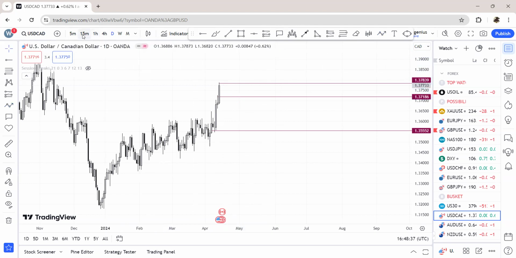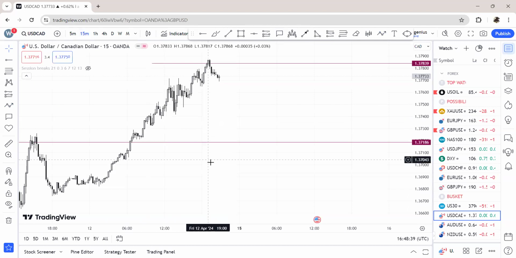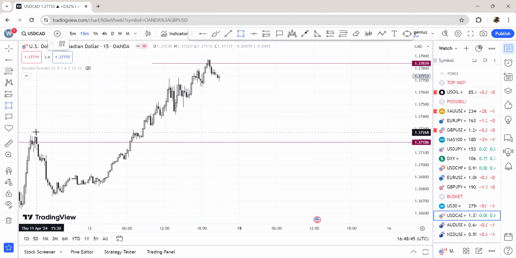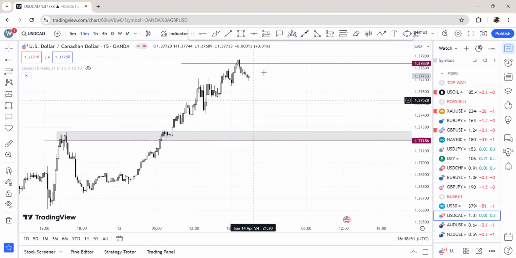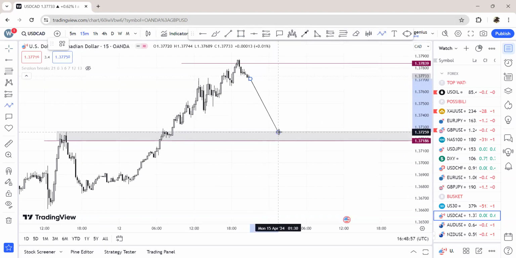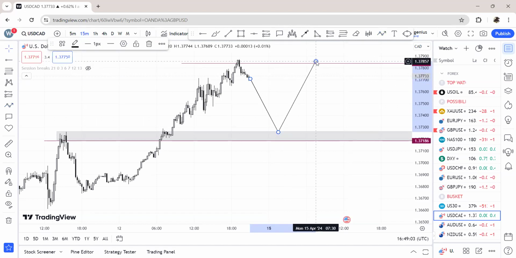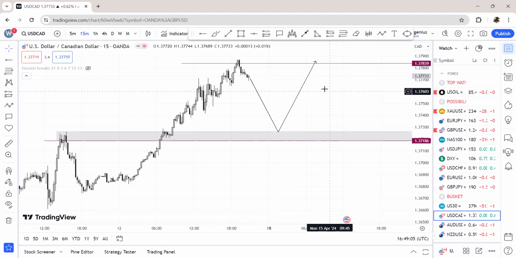So what we want to do on the M15 is wait and see what the market does. We're going to wait for this market to retrace all the way to our zone. Once it's here, we'll just wait for confirmation before we trade back upwards like that. It's as simple as that.